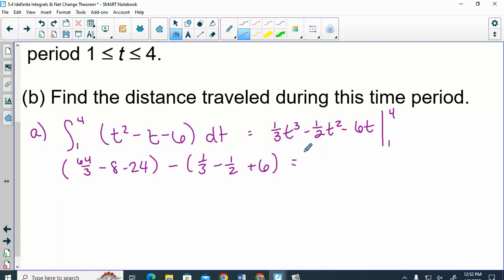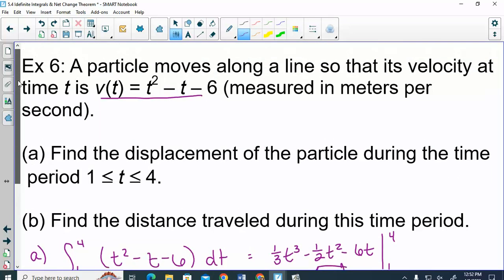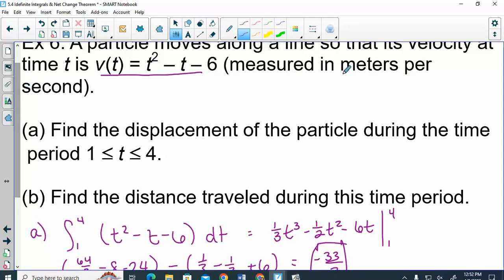So what did you guys get? You guys agree? What does that mean? Why is it negative? So this was in meters.